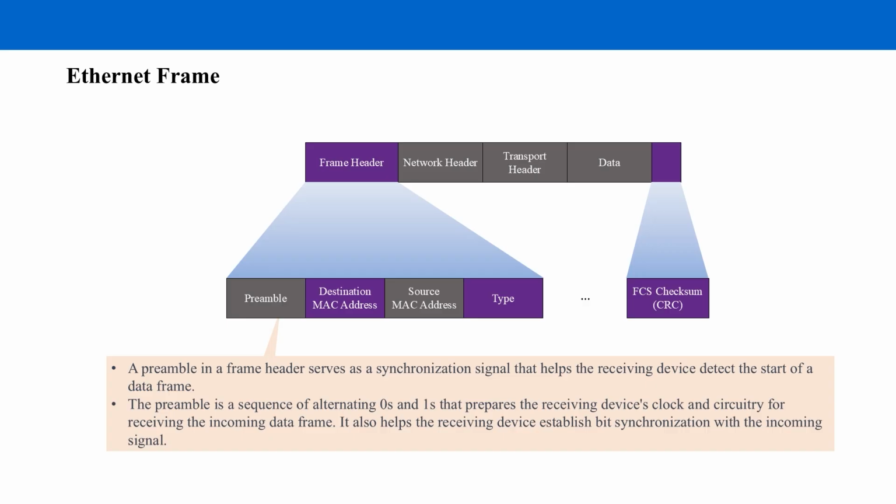So you know the starting point, and from there start to dissect the data. In other words, it's de-encapsulated data. The preamble is a sequence of alternating zeros and ones that prepares the receiving device's clock and circuitry for receiving the incoming data frame. It also helps the receiving device establish bit synchronization with the incoming signal.